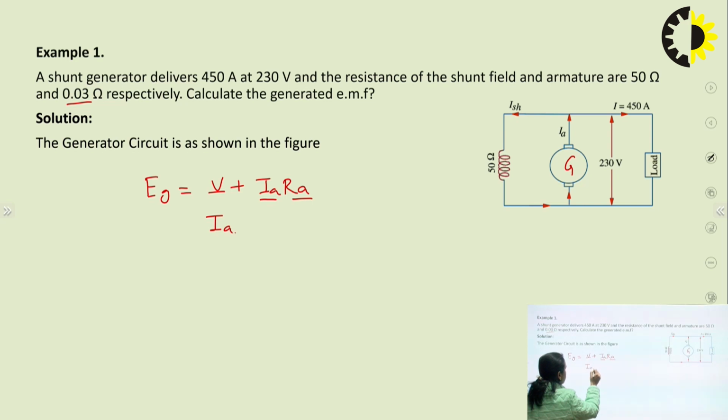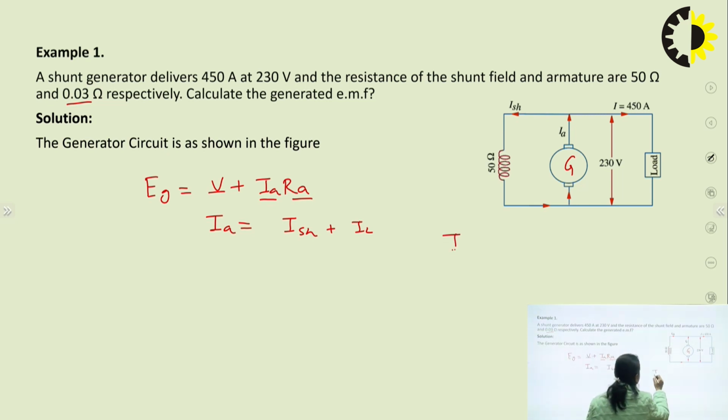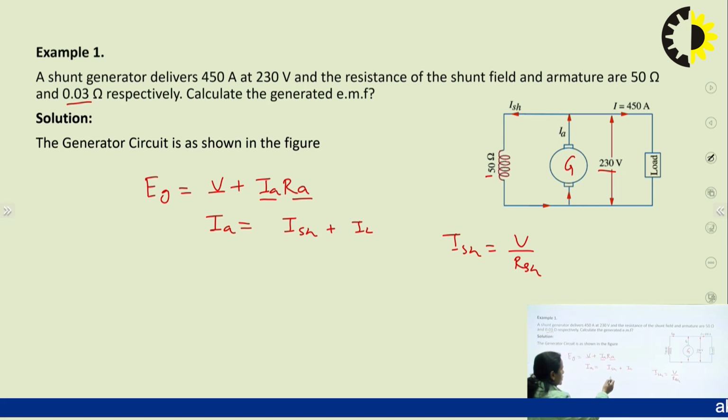IA is equal to ISH plus IL. IL is given, 450 ampere, and ISH will be equal to V upon RSH, where V is 230 and RSH is 50 ohm. If you put this value here, you will get the value of the generated EMF.